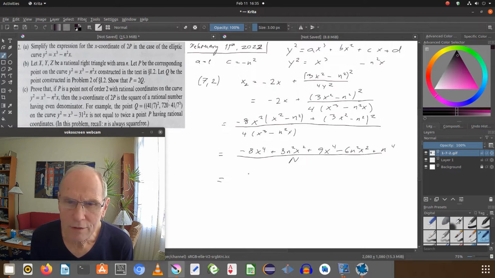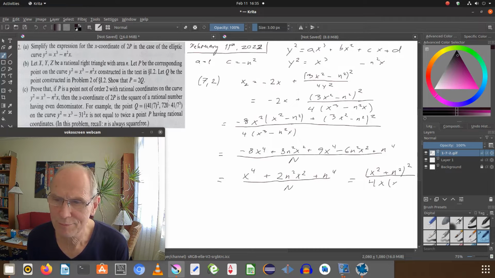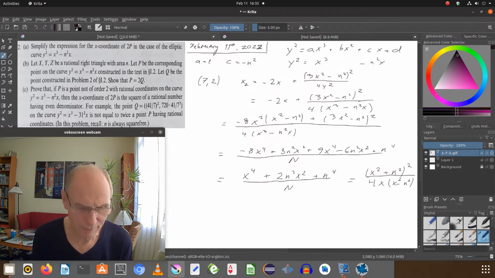And this gives x to the fourth plus 2, plus n to the fourth, x squared plus n squared squared, divided by 4x, it's minus n squared, so no reduction is possible here.